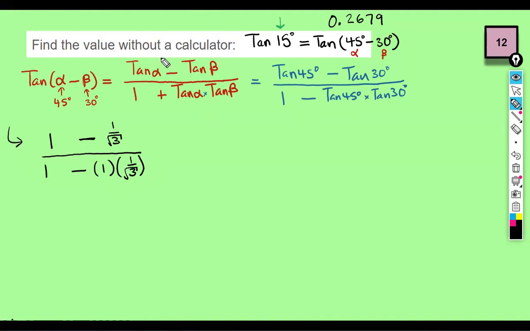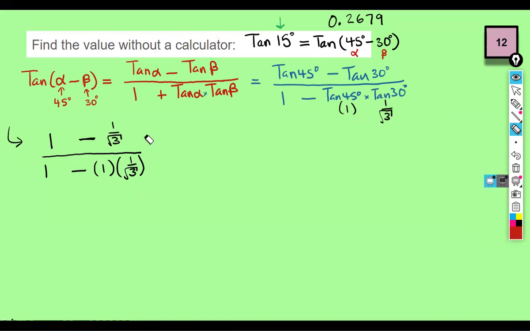Isaiah, you have the same thing. Alia, I think you were saying the same thing. If this is 1 and this is 1 divided by the square root of 3, 1 multiplied by anything is itself, so you don't really have to put the 1 here if you don't want to.